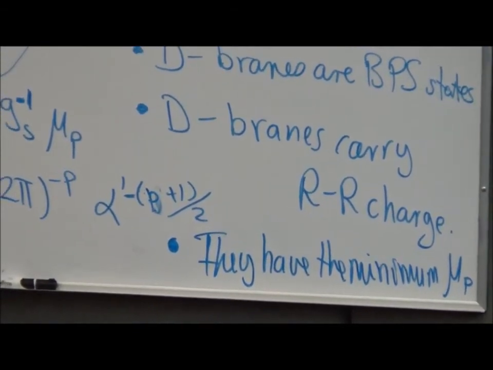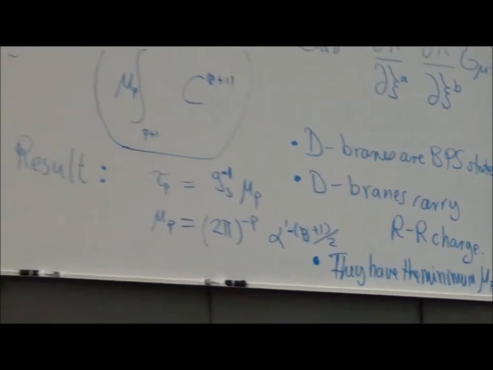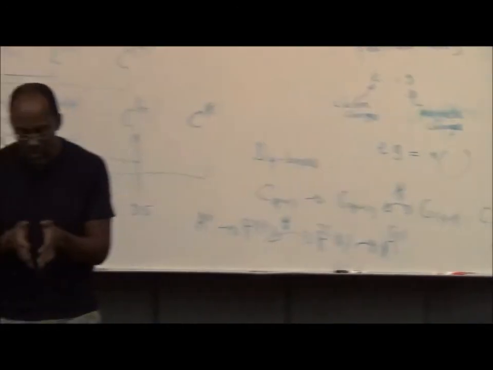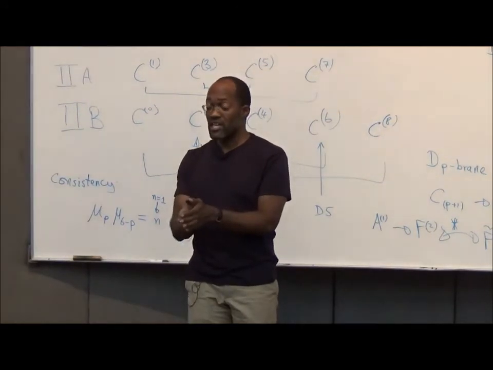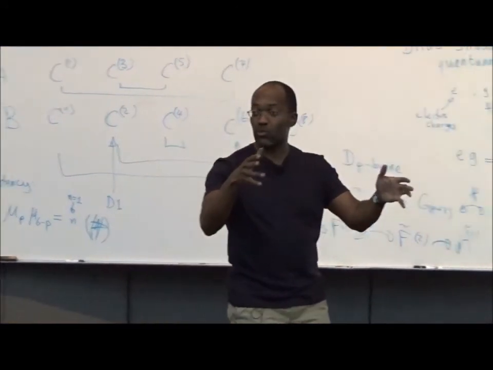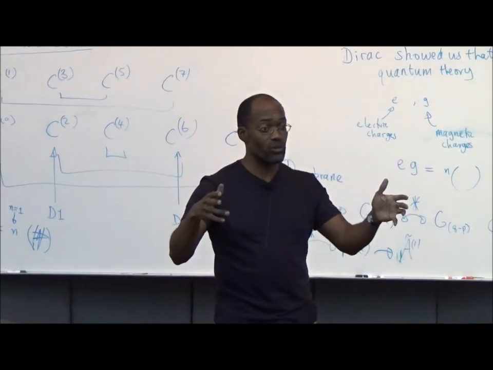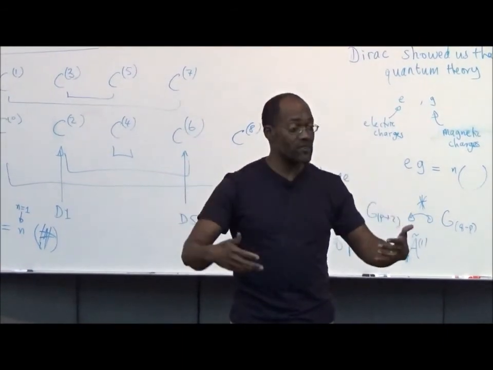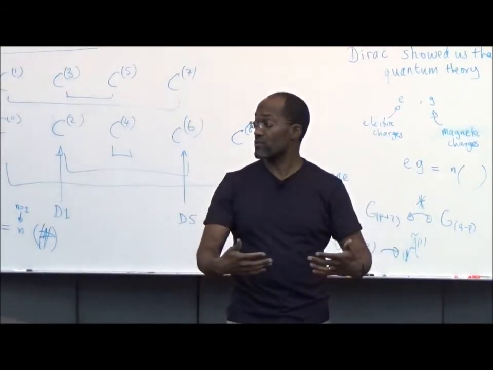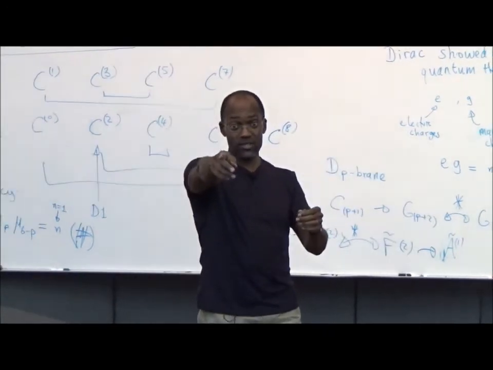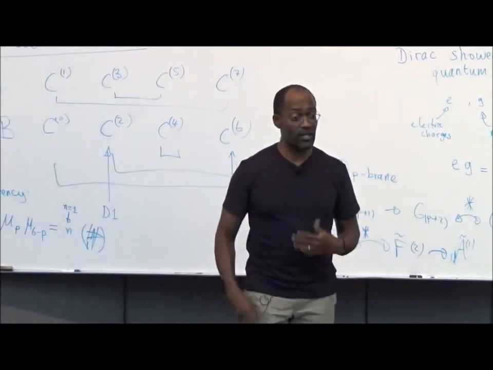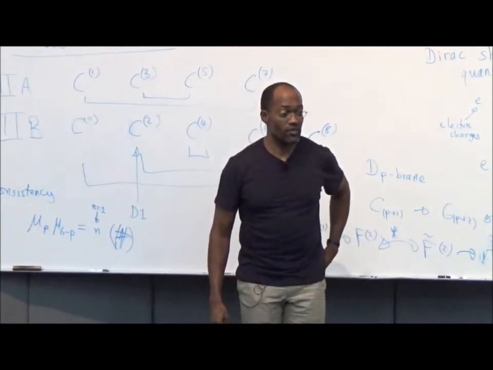That's really very nice, because in some ways they're telling you they're the fundamental sources of Ramond-Ramond charge in the theory. If I find something electrically sourced by Ramond-Ramond charge, there should be a perspective in which I think it's just made of D-branes. This is going to be hugely important when you come to AdS/CFT and some other areas of the theory.